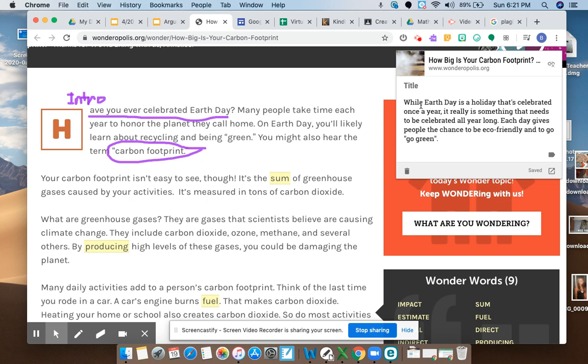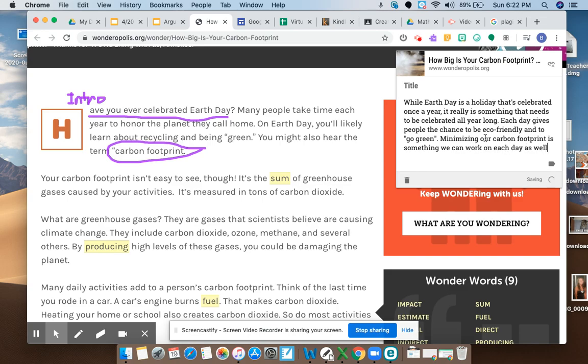So right now, I've got the beginning of my intro paragraph, and I'm going to continue here with: each day gives people the chance to be eco-friendly and to go, oops, I have to put quotation marks, "go green." Minimizing our carbon footprint is something we can work on each day as well.